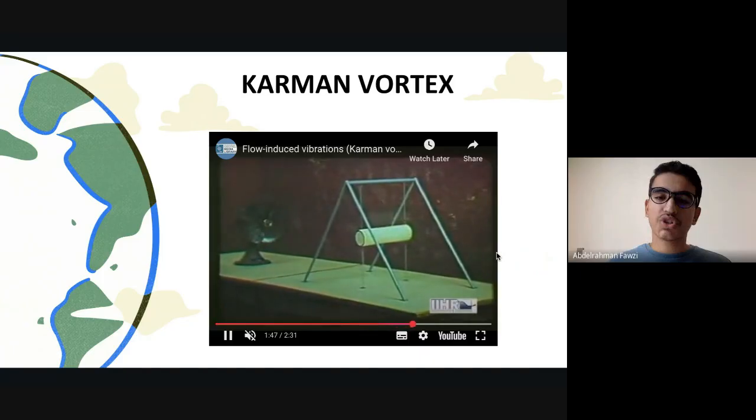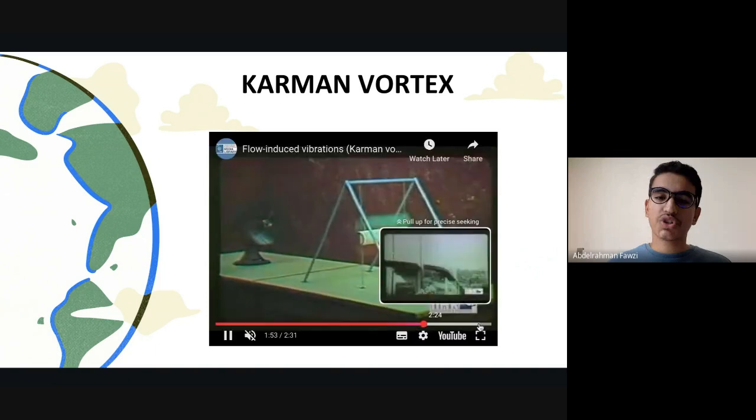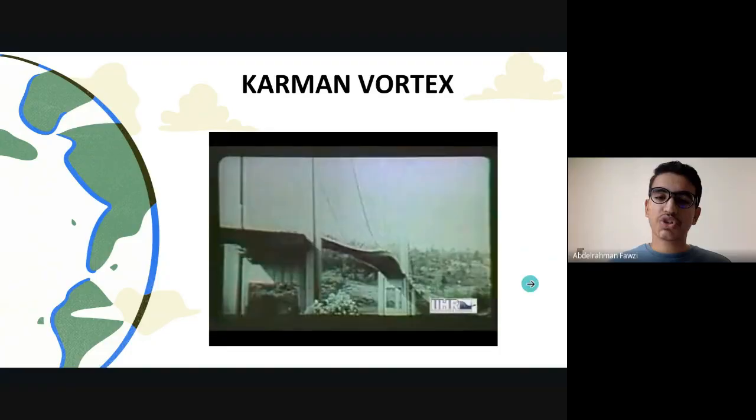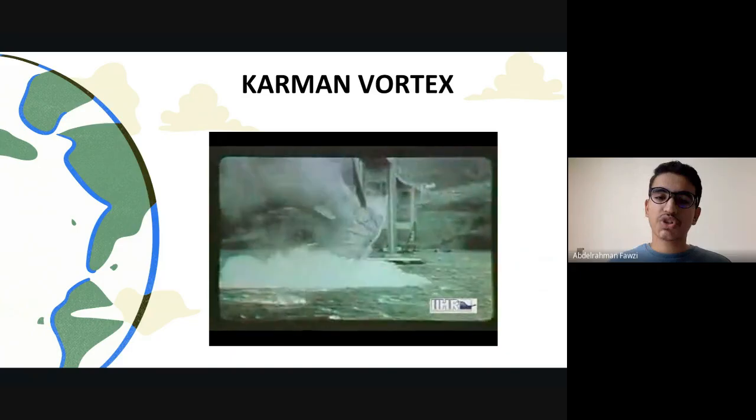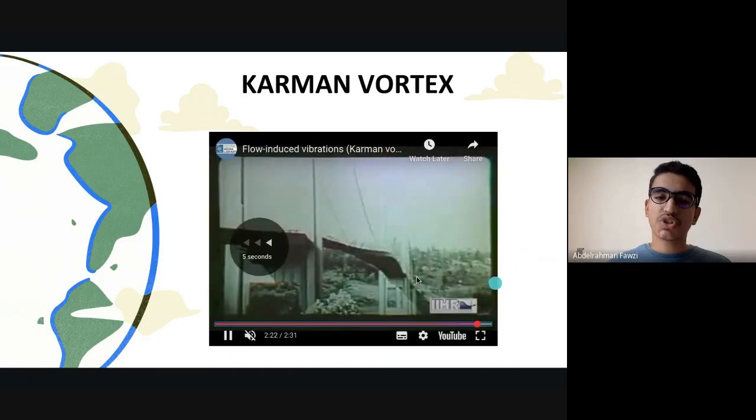If you increase the diameter as well, the vibration effect will be much higher. And this can also affect bridges because it works in the same way. It doesn't necessarily need to be a cylinder. Even if it is rectangular, the same vibration will happen.